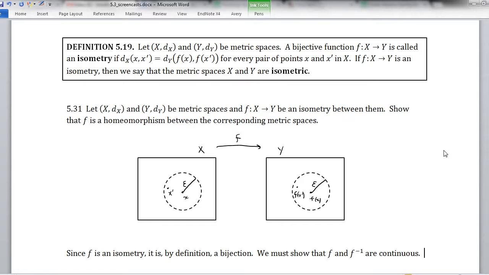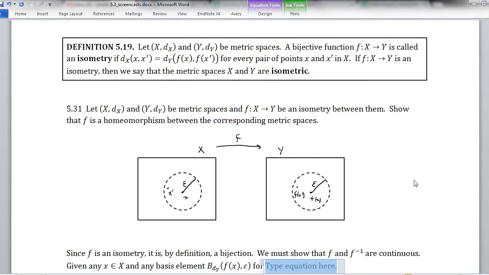Okay, well, let's show that f is continuous. Given any x in X, we're supposed to take any basis element of its image over here in Y, so any basis element with respect to the metric d_Y about f of x of radius some epsilon.